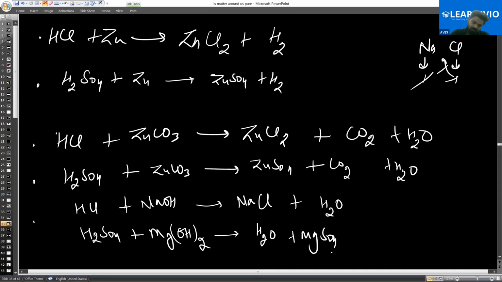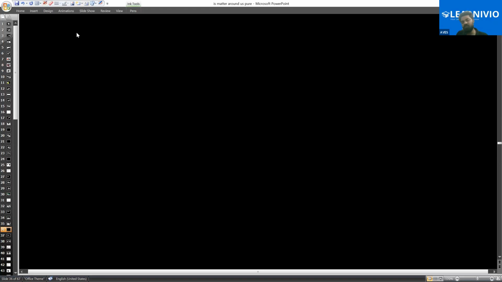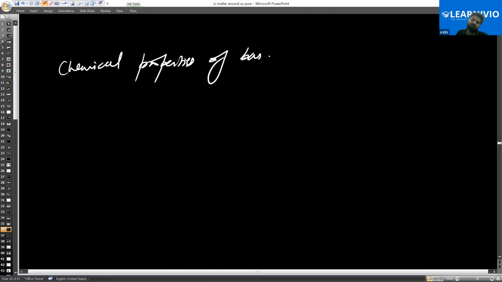Fourth one is acid plus metal oxide gives you salt and water. Hydrochloric acid plus zinc oxide gives you the same, salt and water. Okay, fine. I'm writing the properties of base. Chemical properties of bases. Base when it reacts with metals also gives you salt plus hydrogen gas.